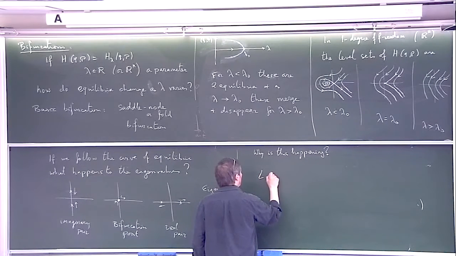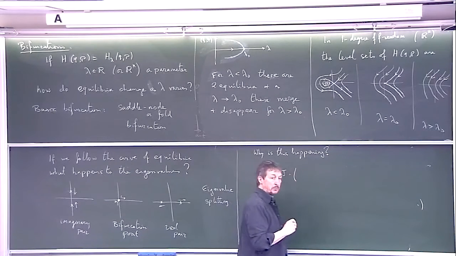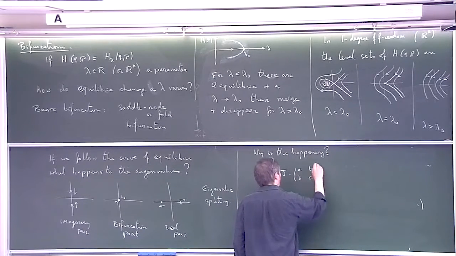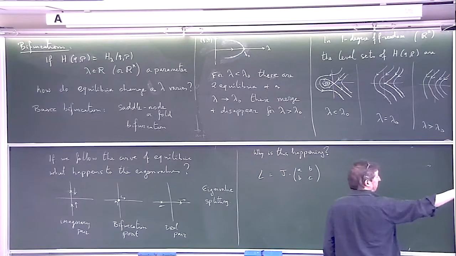So L is J times a symmetric matrix. Right, JS. And J was the matrix I've written before.